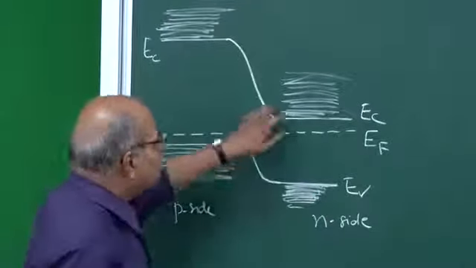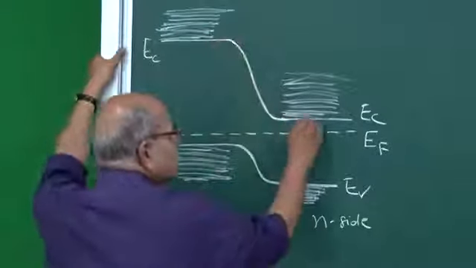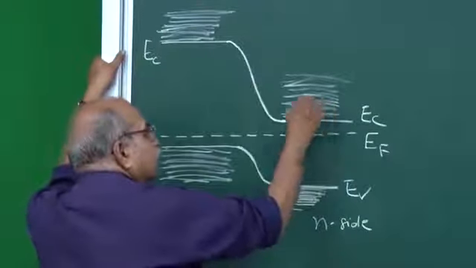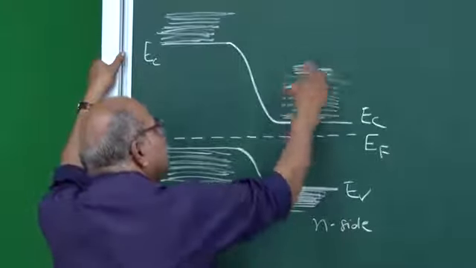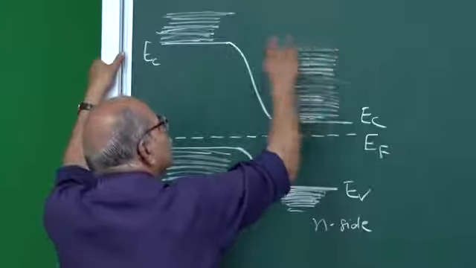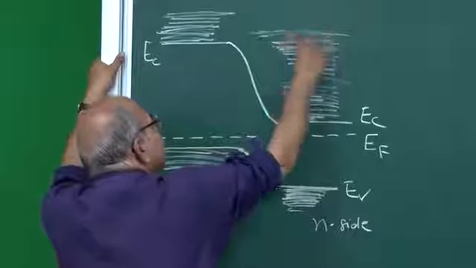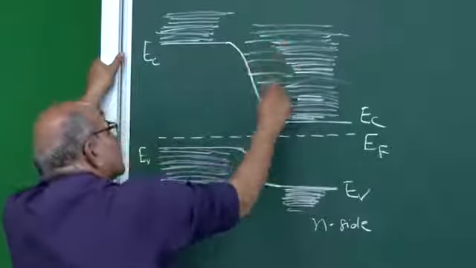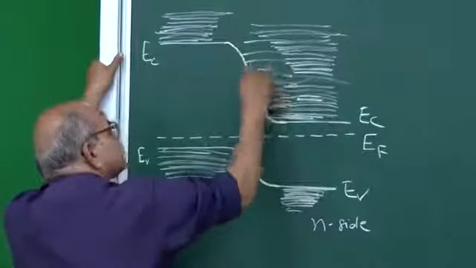Now, how many electrons are in these quantum states? How many are in these quantum states? And so on. For that, once again you have to go to this Fermi energy.